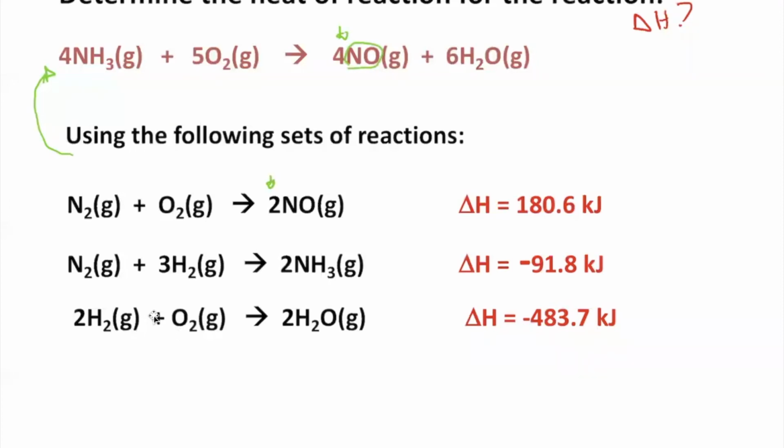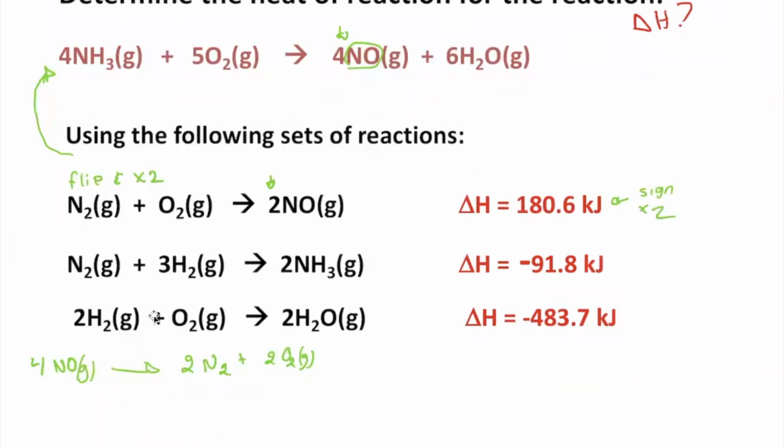So what am I going to do to this reaction? I'm going to flip it and multiply by 2. When I flip it, it's going to be 4 NO, 2 N2 plus 2 O2. I'm going to change the sign and multiply it by 2.